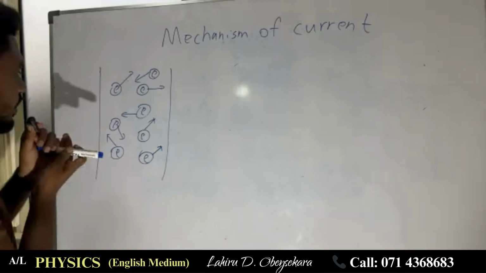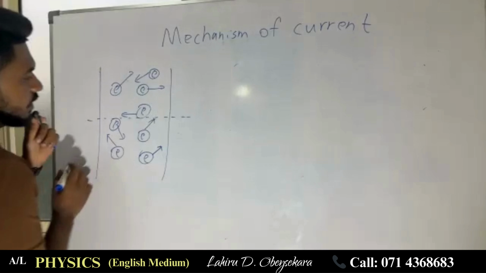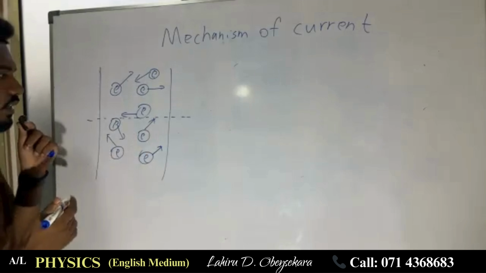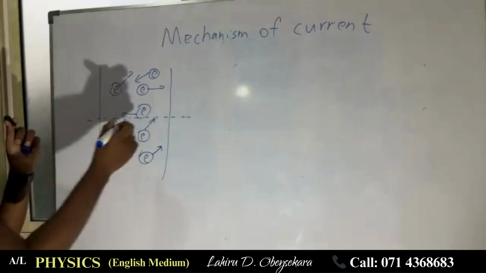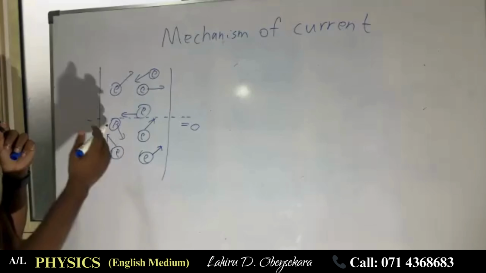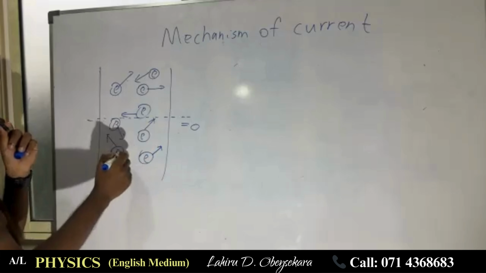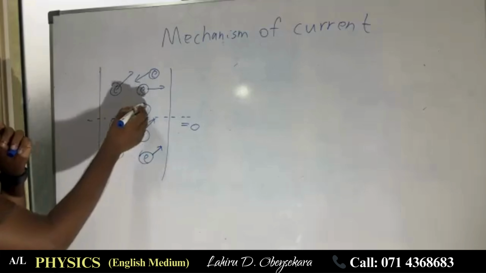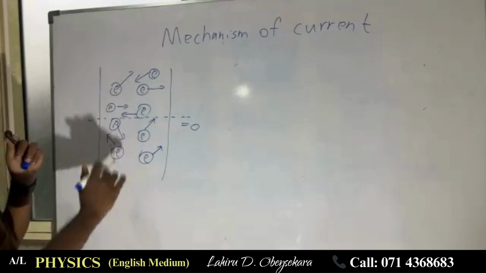So if I draw a line here, what happens? Consider the effective flow. It equals 0 because there is no unique direction. This electron goes this side, that electron goes the bottom side, so they cancel out. This one goes left, another electron goes right, they cancel out.